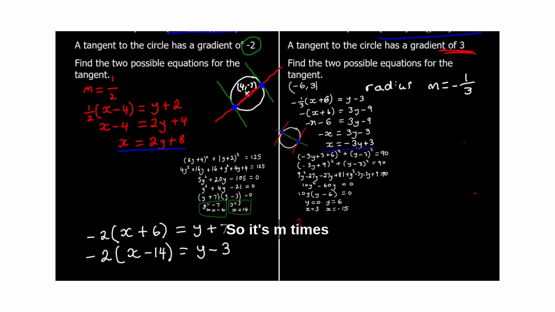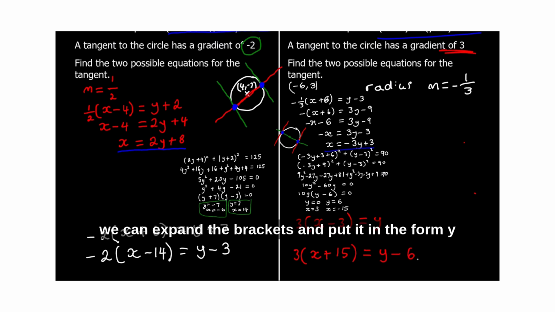So it's m times x minus x1 equals y minus y1, or m times x minus x1, minus minus 15 equals y minus y1. And again, we could expand the brackets and put it in the form y equals mx plus c if we wanted to give our answer in that form.